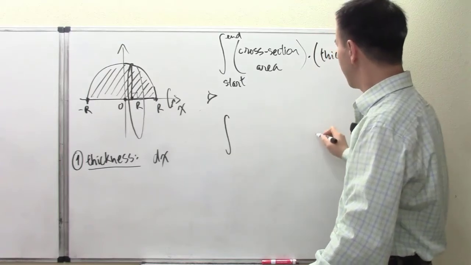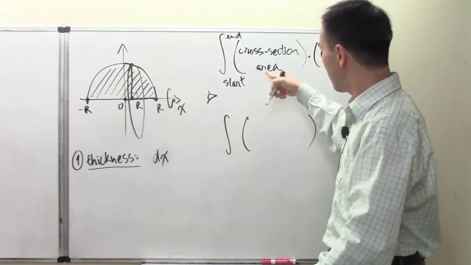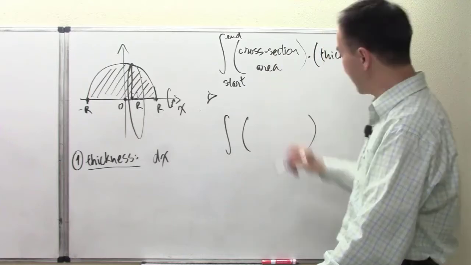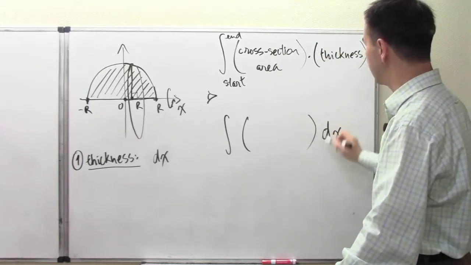Then the cross-section area, I haven't found that formula yet, but thickness now I have found to be dx.